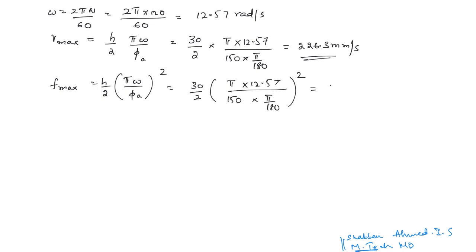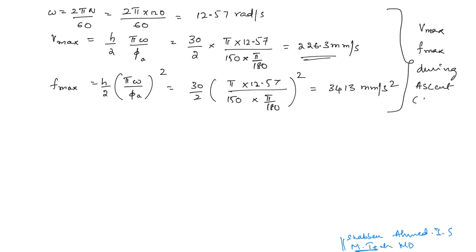That is equal to 3413 mm per second square. So this is the maximum velocity and maximum acceleration during ascent with simple harmonic motion. These formulas are for simple harmonic motion.